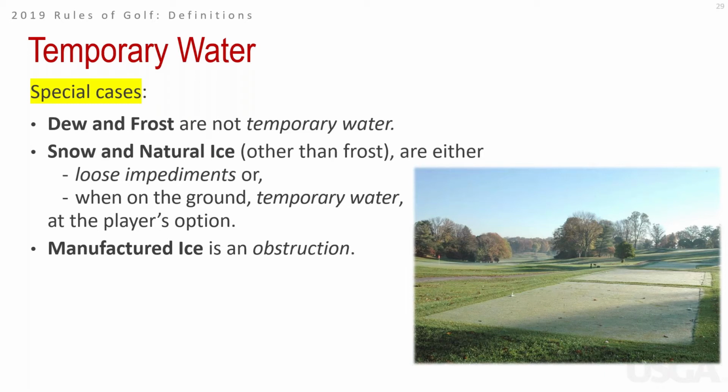There's some brave souls that go out there when there's snow and natural ice on the ground, and you have the opportunity to choose what you'd like to do with that snow or natural ice if you were to get into that situation. That being said, manufactured ice is actually an obstruction. If you get into a situation where there's an ice sculpture, that would probably meet the definition of an immovable obstruction, which is something we will talk about just a little bit later in this presentation.